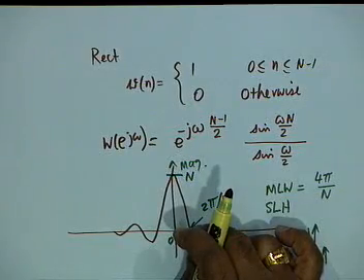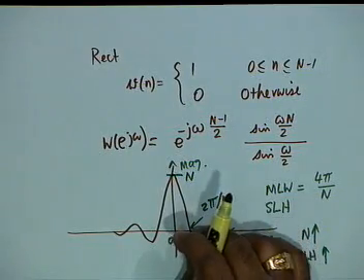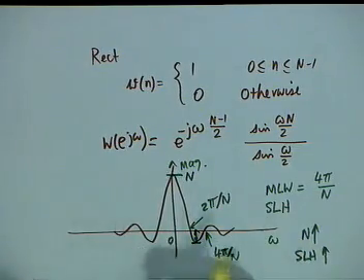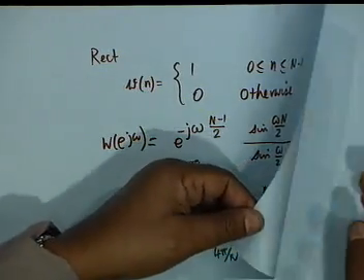Whatever window you choose, it will be a compromise between main lobe width and side lobe height, and there is hardly much of a choice except two windows which we shall not discuss in detail in the class.